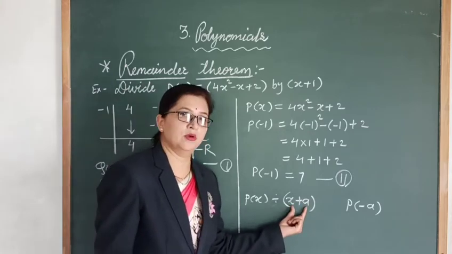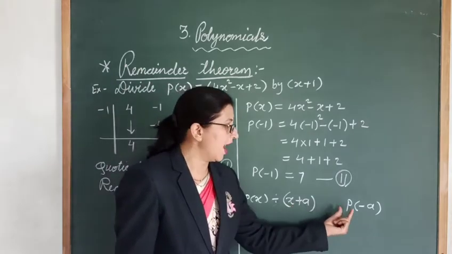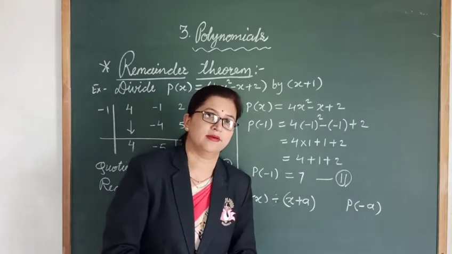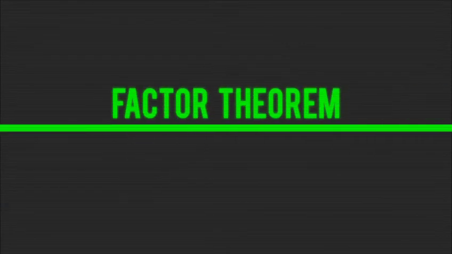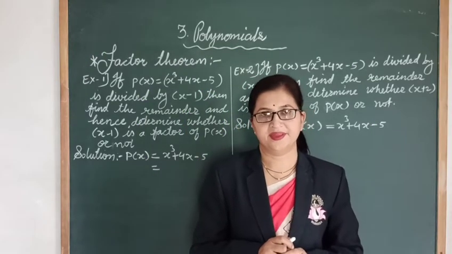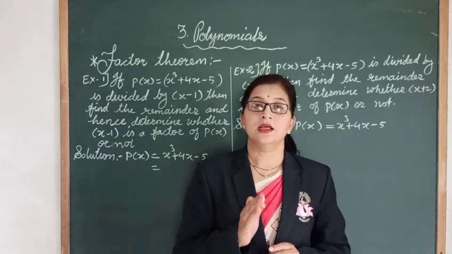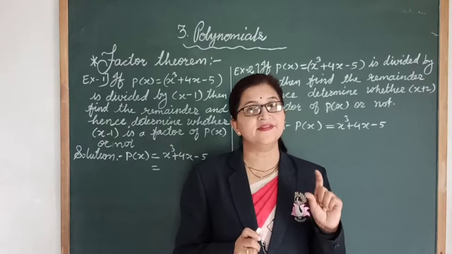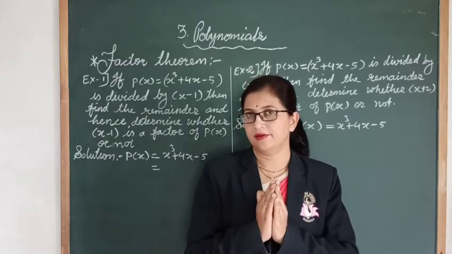The value of this polynomial and the remainder both will be equal, right? So dear students, we learn the remainder theorem, in which we studied that the value of a polynomial and the remainder of the division both are equal, right?